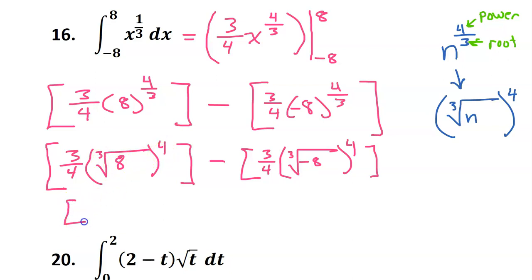So right now I've got 3/4 times 16 minus. Okay, now I've got 3/4 times the cube root of -8, which is -2, but -2 to the 4th power is still positive 16.